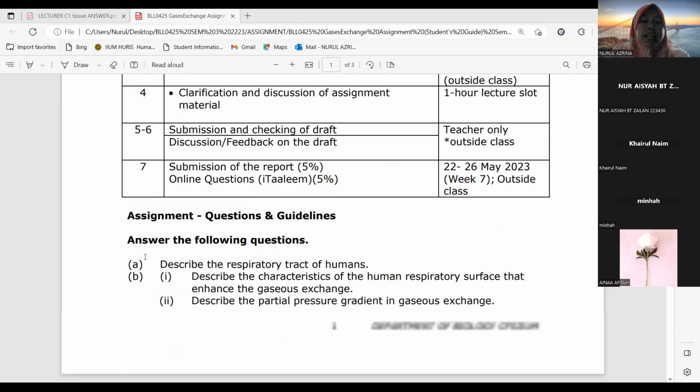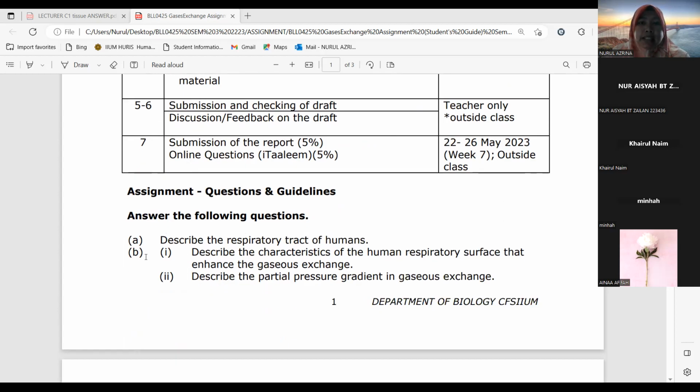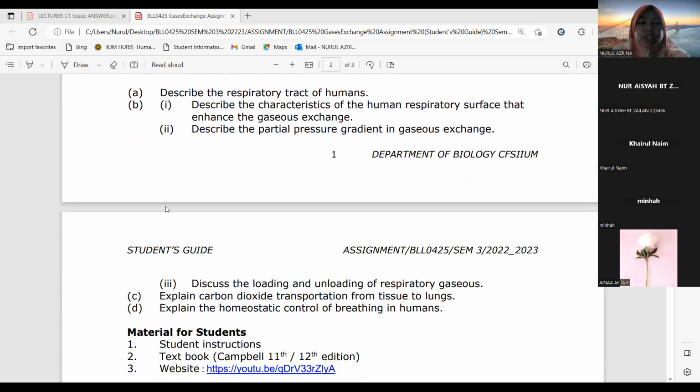Okay, and then next, what are the tasks? Your task first is to answer the following questions. Search the answers for these questions. The first one, describe the respiratory tract of human. Describe means it is not state.